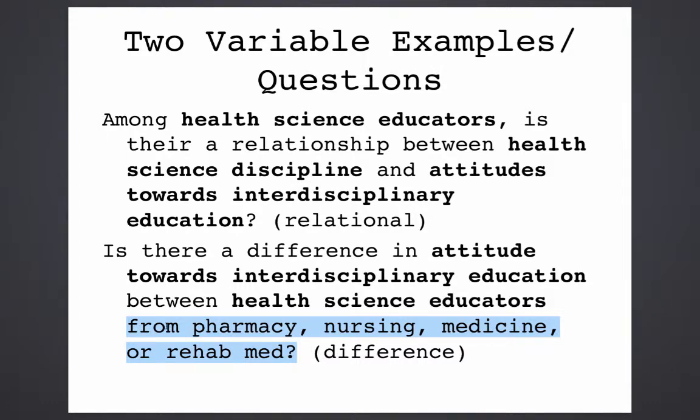It's the difference format because in this part of the question, the label of the variable isn't explicitly stated. Instead, the levels of the variable are referred to, so pharmacy, nursing, medicine, or rehab med. It's implied that we would understand that those are health science disciplines. You can see in this case the difference format gave us more detail about what the variable is, even though it didn't tell us what the name was.